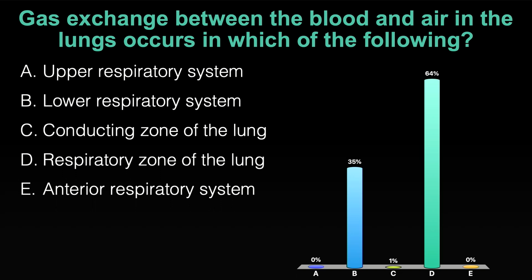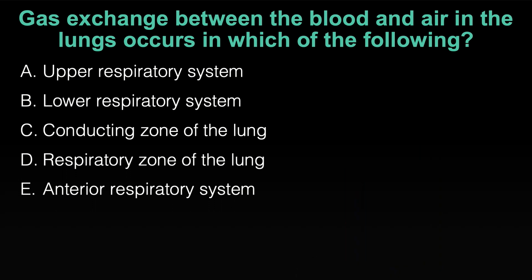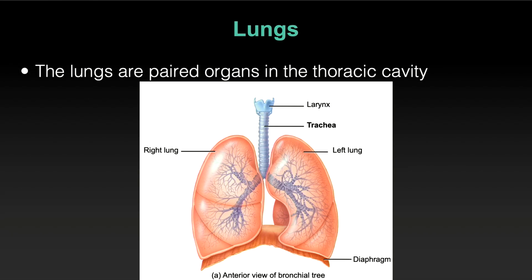D is more correct than B. I will also mention, in keeping with all the other questions we've done, you still get a mark for answering. Answer anything, you still get a mark. Correct answers get 2. So that's still consistent with our previous quizzes. Just make sure you answer. Good. Gas exchange occurs in the respiratory zone.